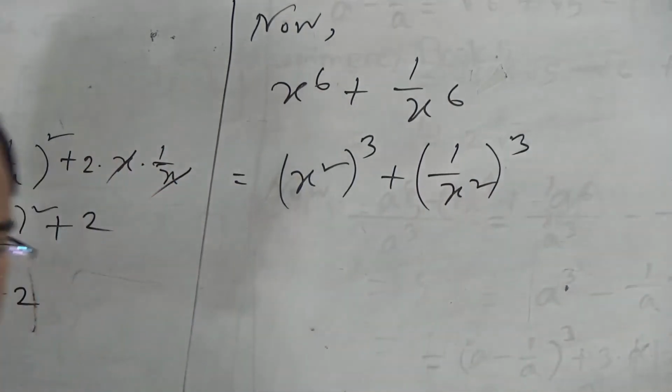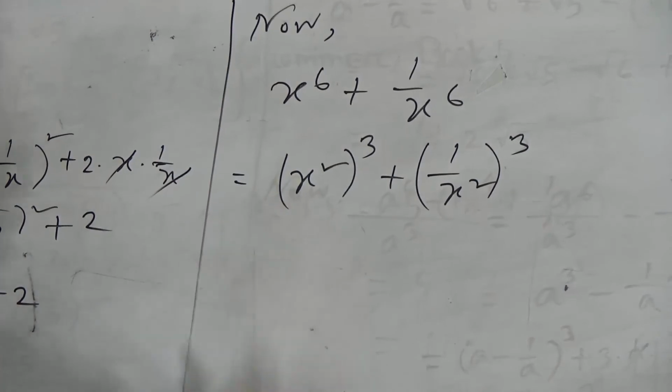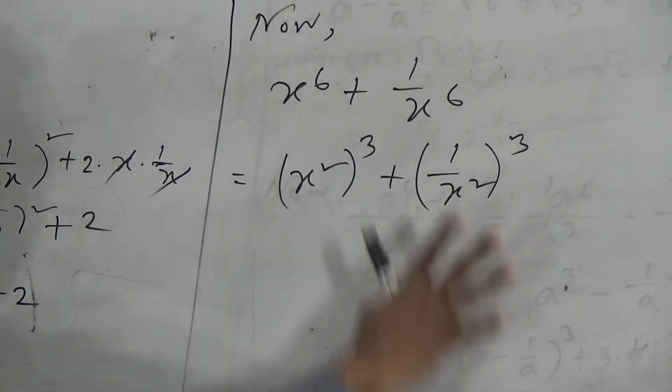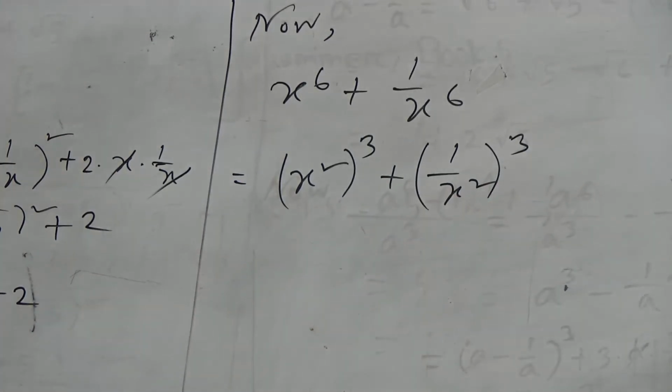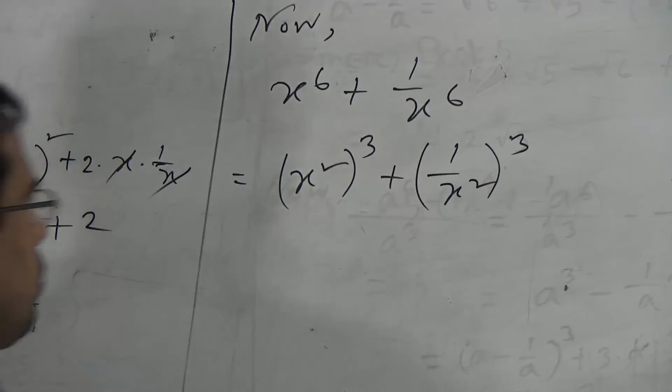Now if we consider x square as a and 1 by x square as b, then we can apply the formula a cube plus b cube. You know that a cube plus b cube equal to a plus b whole cube minus 3ab into a plus b.